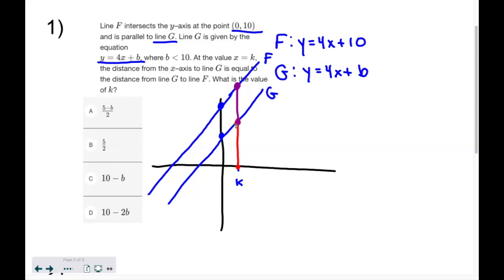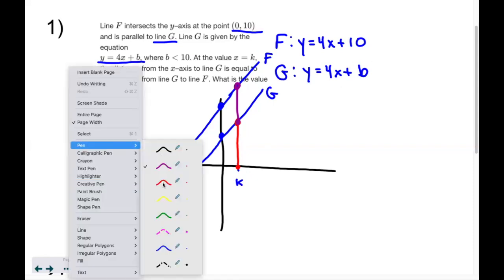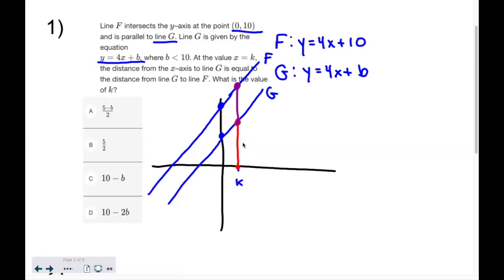The way you would find a vertical distance is you would just plug that value into whatever the graph was. So for instance, this distance here would be whatever we get when we plug k into this equation.